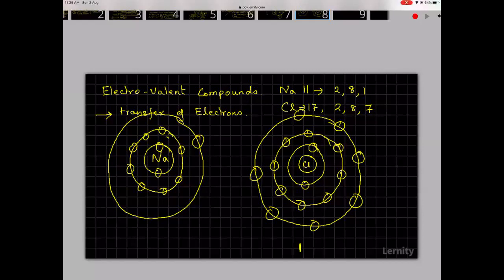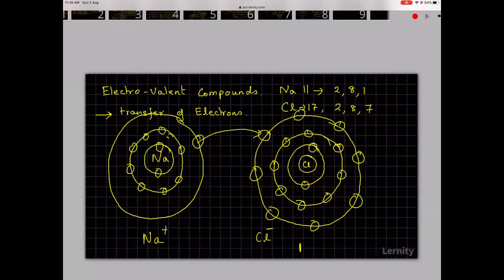So sodium will give this electron and it will come here. Once one electron goes, sodium will become positive. Why? Because electrons are negative. Chlorine gets 1 electron in excess, so it will become negative.